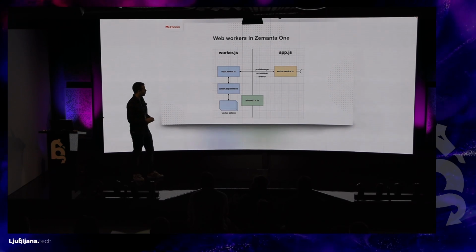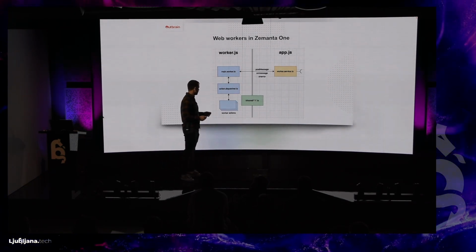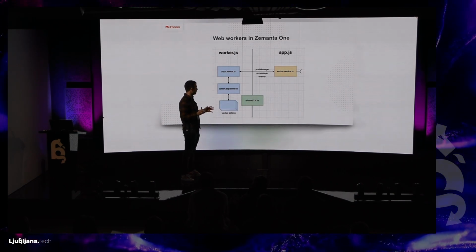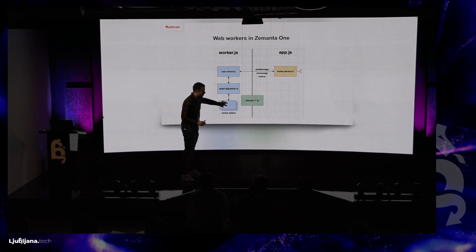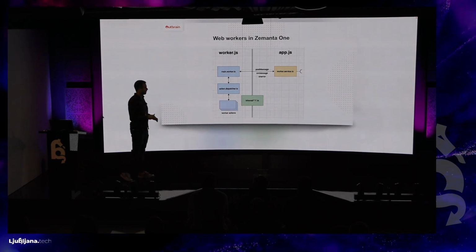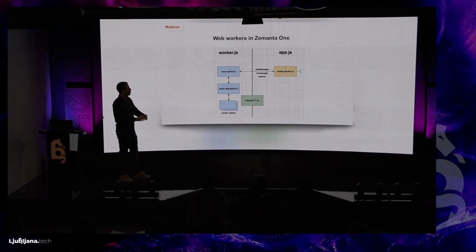And with this solution, the developers in our dashboard should only worry about defining the topic that needs to be handled in the worker and then the implementation of that action. That's it. All the web worker related stuff is hidden away from them.